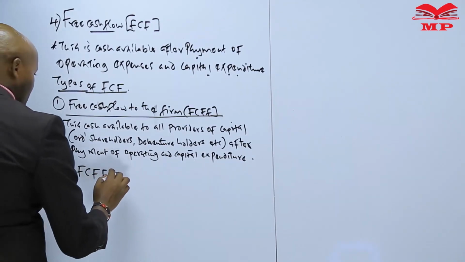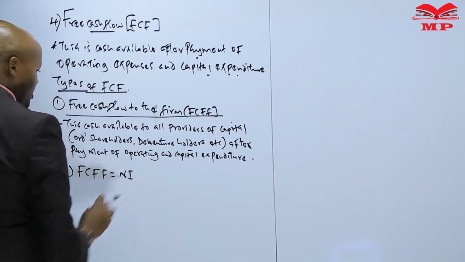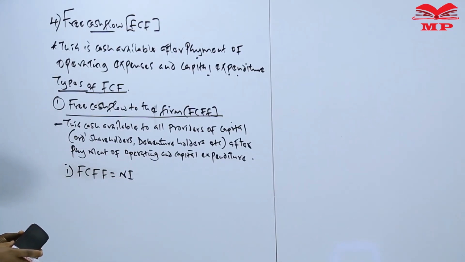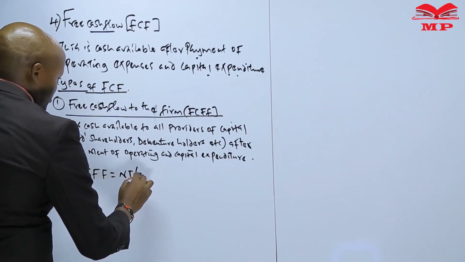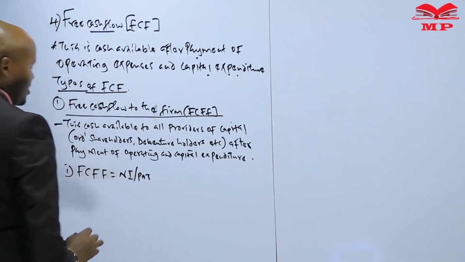Number one, we can use this formula whereby we take NI. NI is the net income, in other terms the profit after tax.